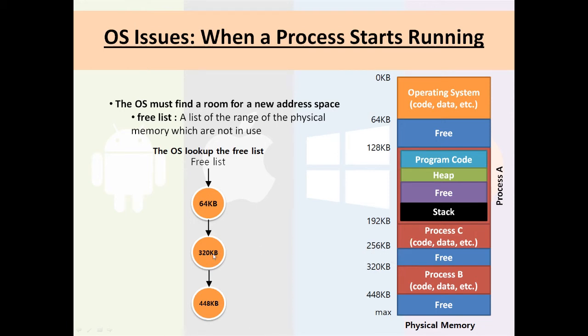This should be 256. Sorry for that mistake. Obviously that should be 256, the start of the next free chunk. And then that'll point to the last one here. And then this list will be changed obviously throughout the process of creating new processes, removing processes, etc. This needs to be updated.